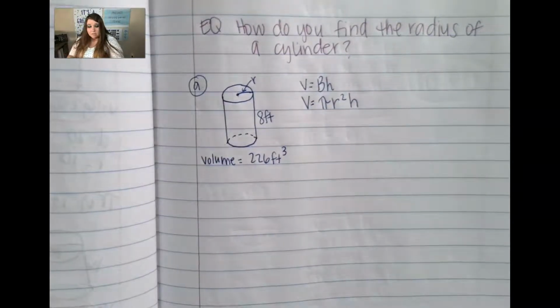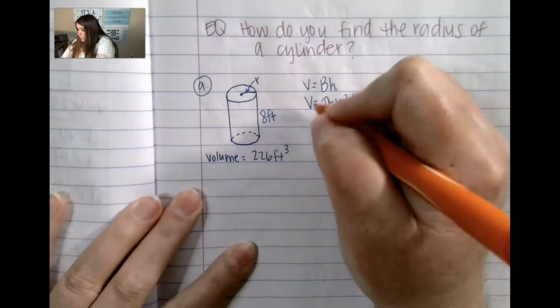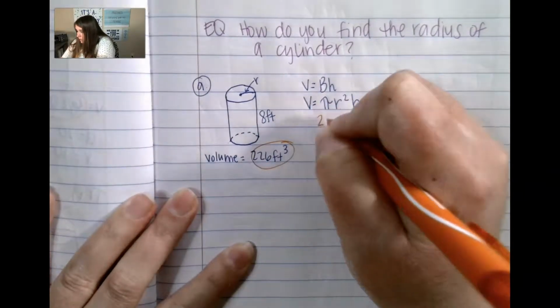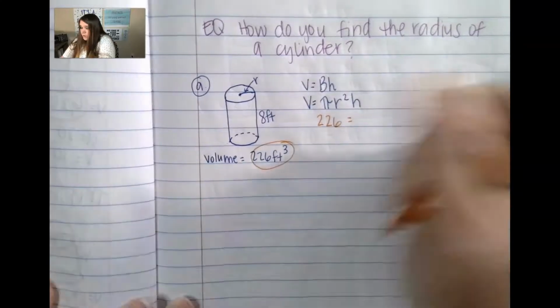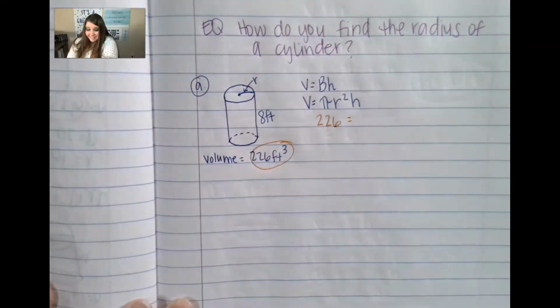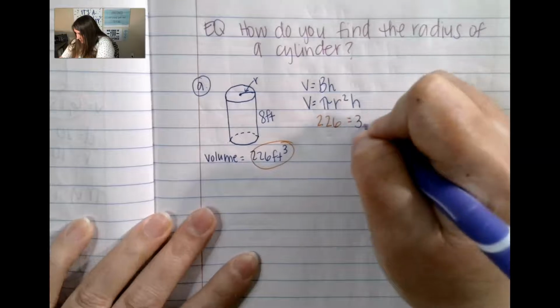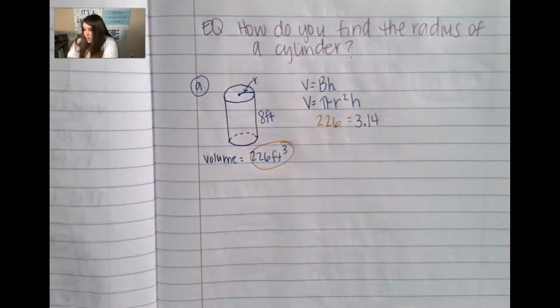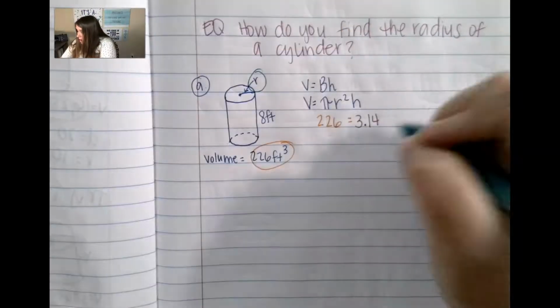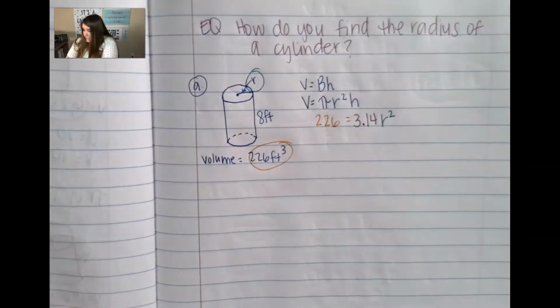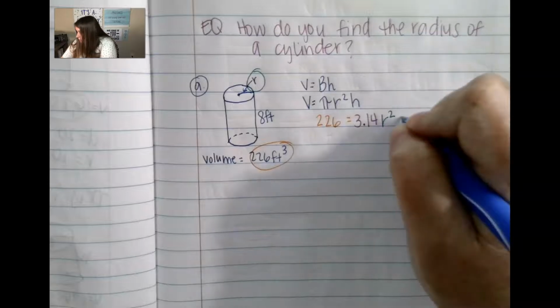Here's our volume, 226. We know pi is 3.14. We do not know r, or r squared, and the height here is 8 feet.